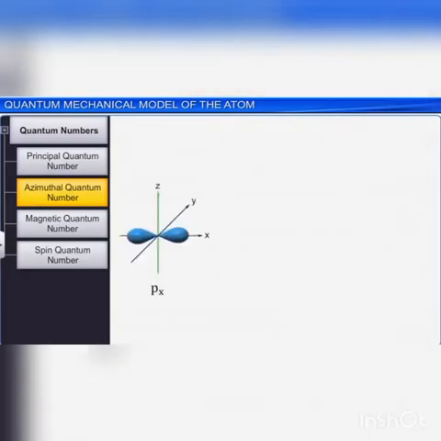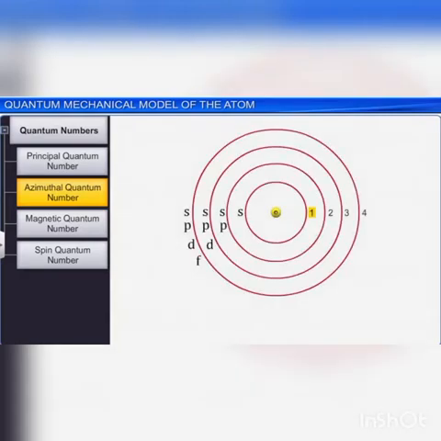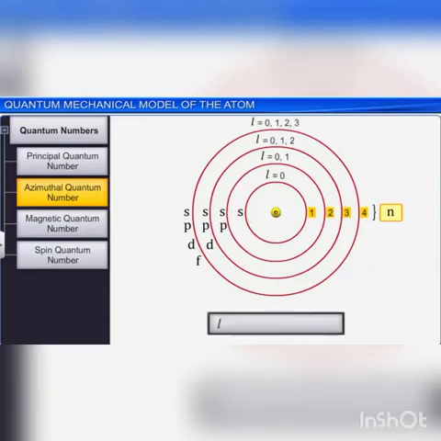It also describes the three-dimensional shapes of orbitals that you will learn about in the next module. For a given value of the principal quantum number n, the azimuthal quantum number L can have n values ranging from 0 to n-1.